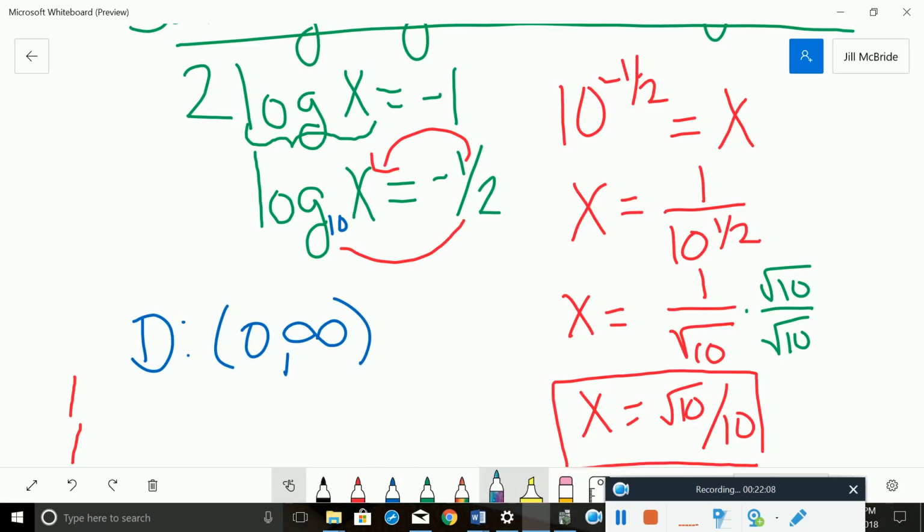What that is telling me is this argument here must always be a positive number. So if I plugged root 10 over 10 in there, that's a safe answer. Root 10 over 10 falls in the domain. Now, we're going to talk about when it shifts. That's a little bit different story. But root 10 over 10 does not make that argument negative, so I do not have an extraneous solution.